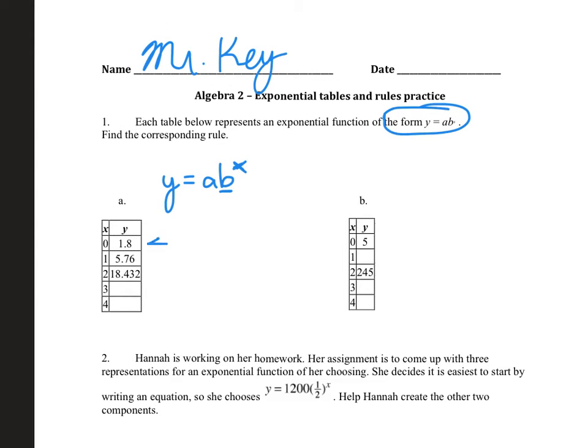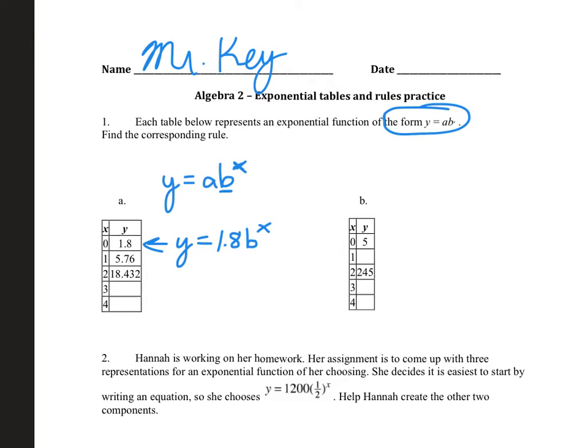So remember in class we said that if we know the output value when the input is 0, then we know our a value. So with that (0, 1.8), we immediately know a is 1.8. We just don't know what b is. x is just going to stay x because that's the input variable. So the mission is to find out what b is.